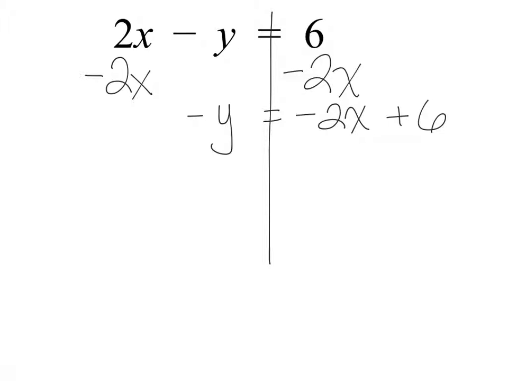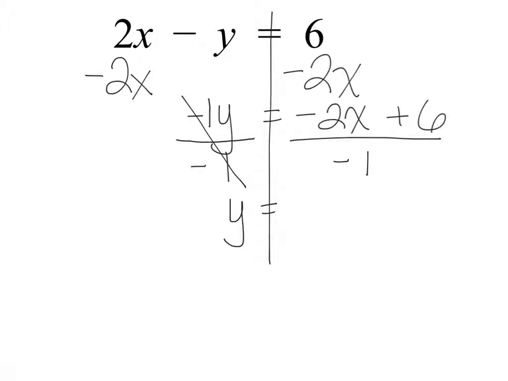If there is not a number in front of the variable, what is always, always, always hanging out? A 1. So we need to divide by -1 to get the y by itself, because this is -1 times y. The y is by itself because those cancel.